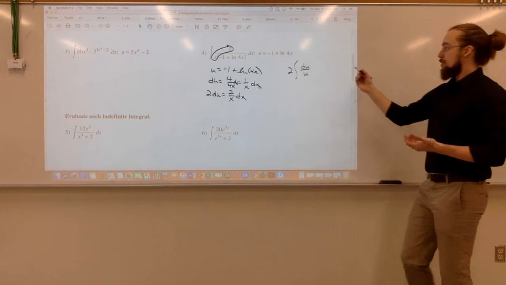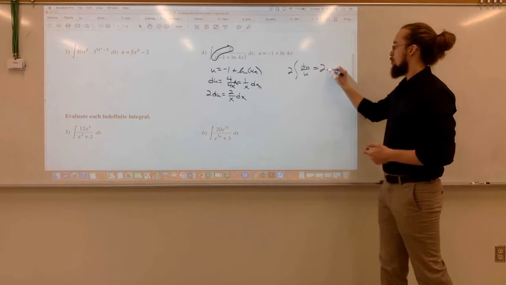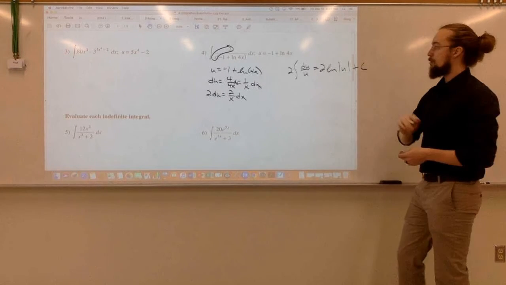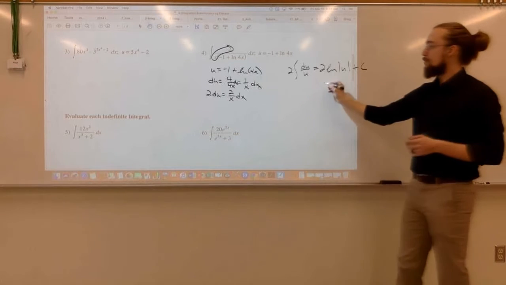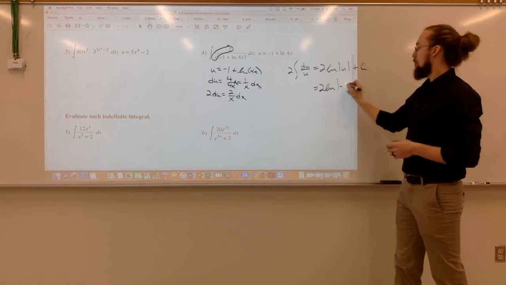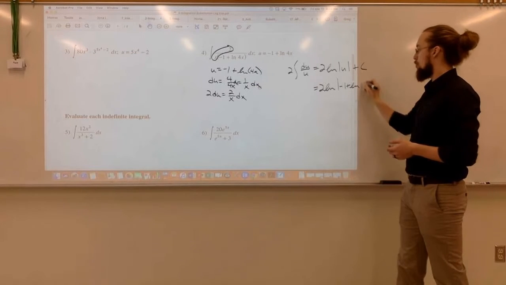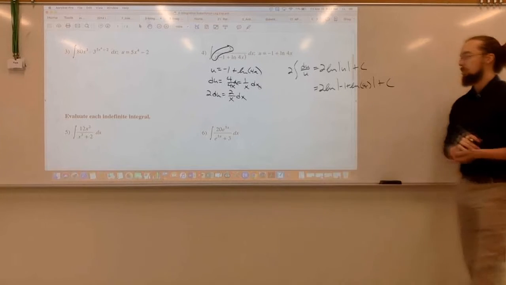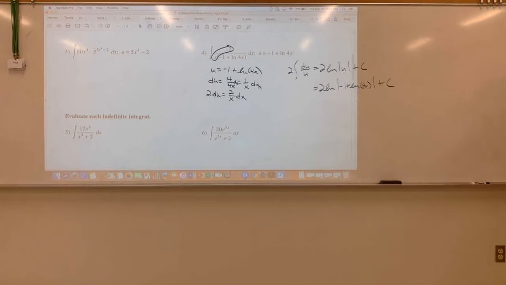When I take the antiderivative, we would just have 2 times the natural log of the absolute value of u plus c, and then plug the u back in. So 2 times the natural log of -1 plus the natural log of 4x plus c.